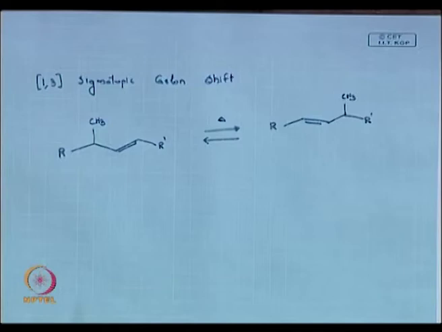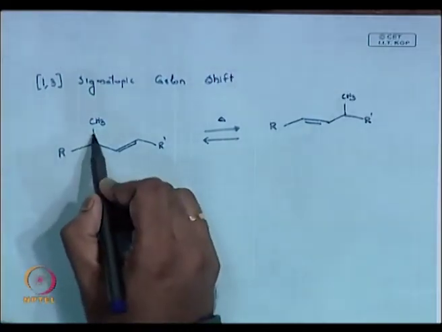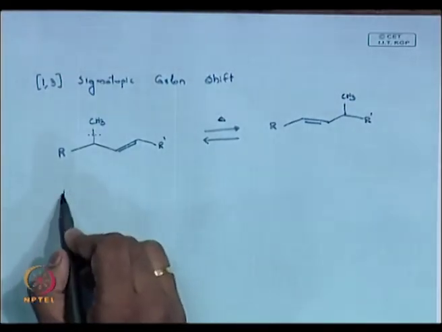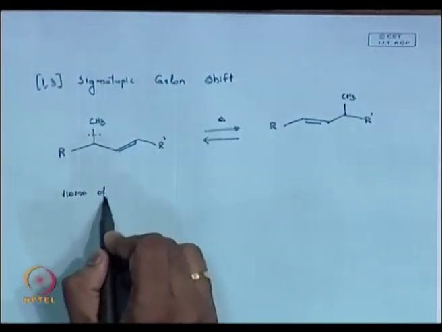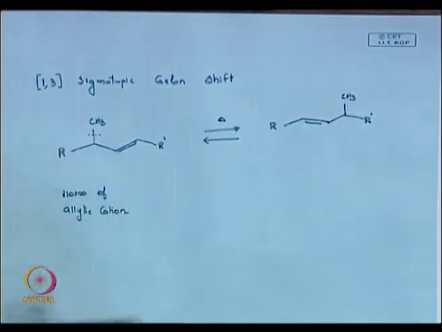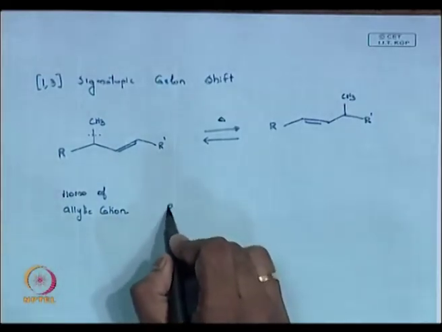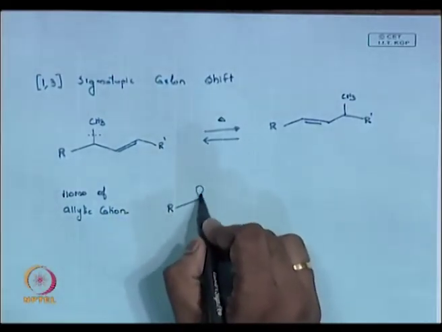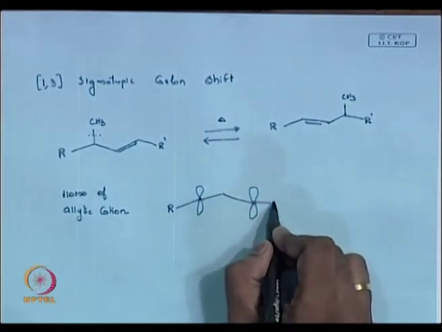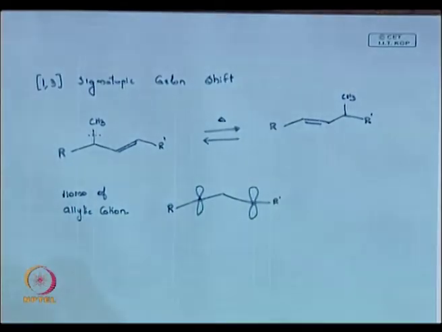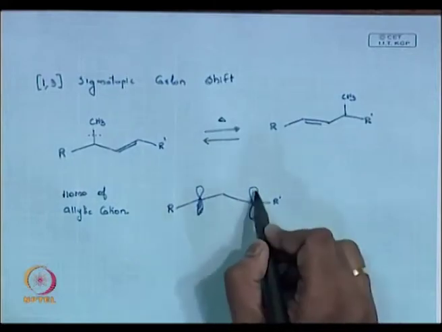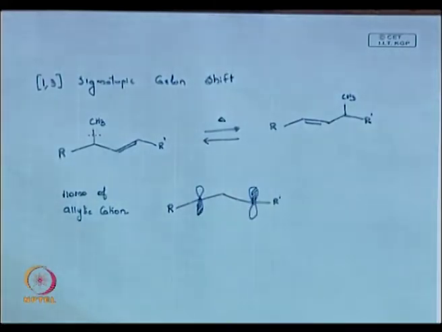You know it goes by allylic cation, as I said earlier. If I break this, shall we draw the HOMO of this? Because I am doing it in heating, I am just considering the HOMO of the allylic cation. How does the HOMO look? It should be just the opposite lobes.